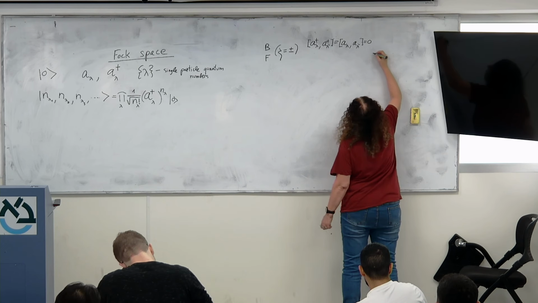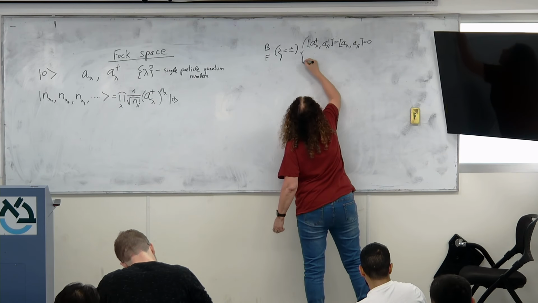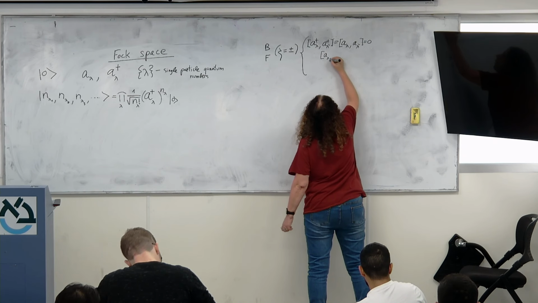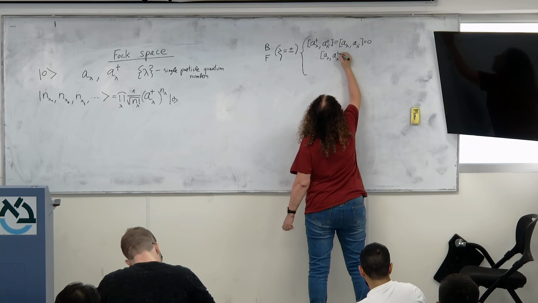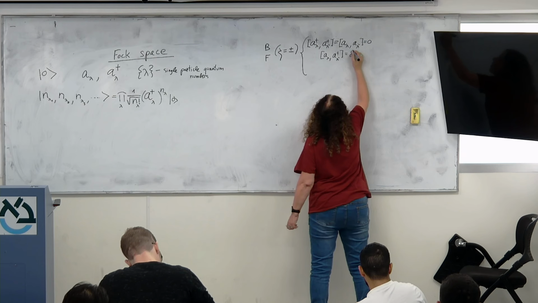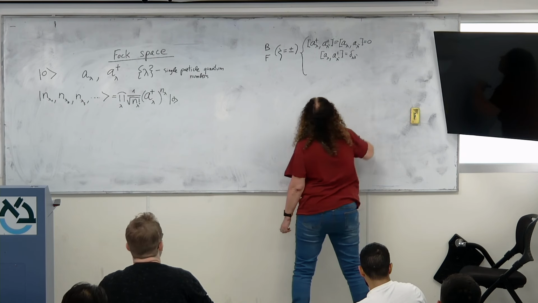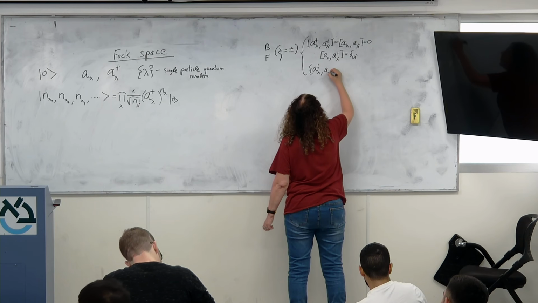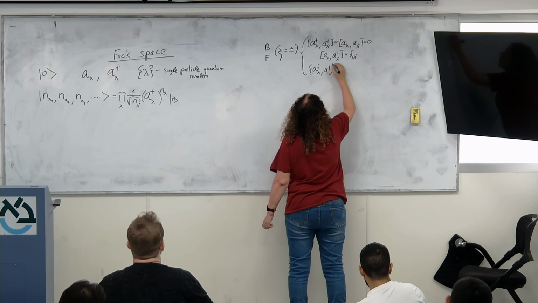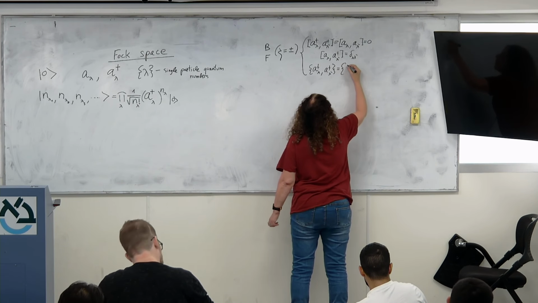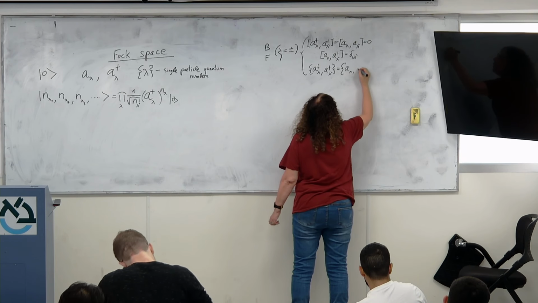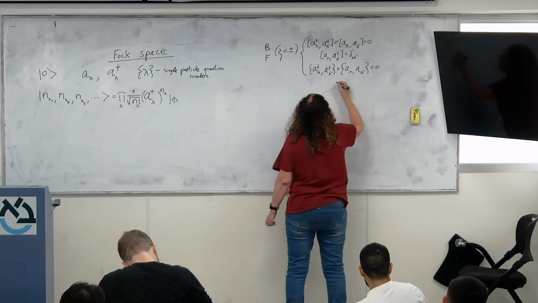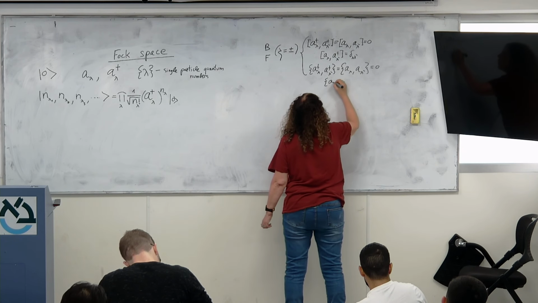And the commutator of A lambda with A lambda prime dagger is delta of lambda, lambda prime. And for fermions, we have exactly the same thing, but with the anti-commutators. So these are the basic algebra rules.